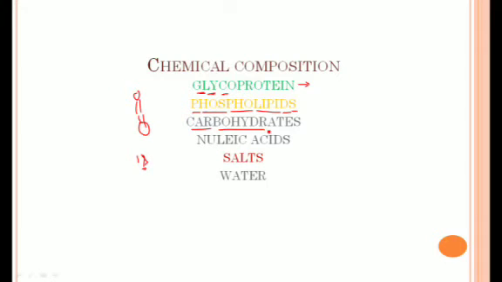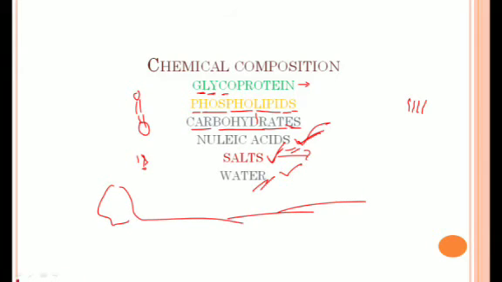Carbohydrate is present on the surface of the integral protein on the surface of the plasma membrane. Nucleic acid also appears in a very small amount. Certain salts and ions are there, and definitely water is there. These are the chemical constituents which appear in the plasma membrane.